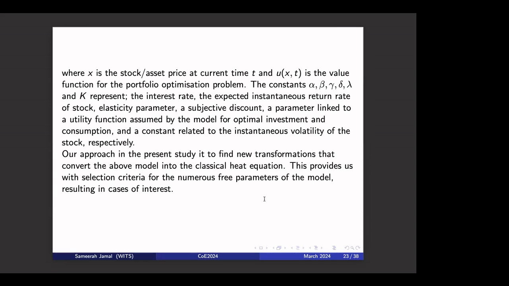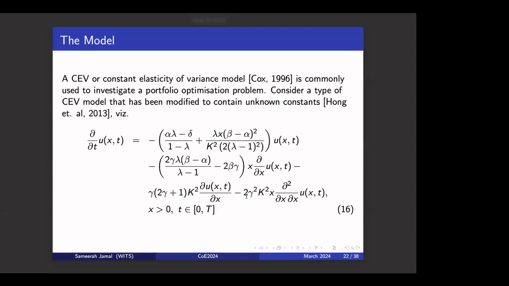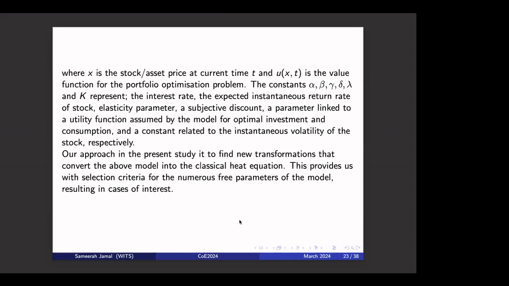But I haven't looked at stochastic equations at all. So we focus just on the resulting PDEs from the stochastic processes. Also, to get this model into this form, it actually underwent a number of transformations to get it into a parabolic form. So can it be transformed into a classical heat equation?